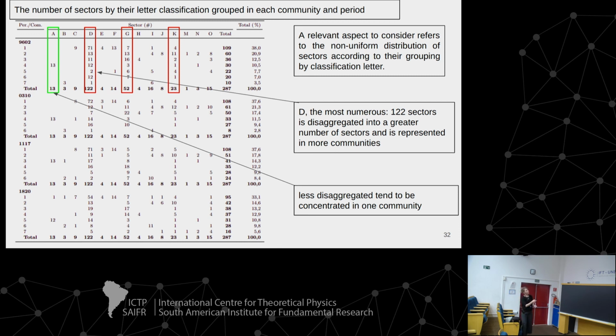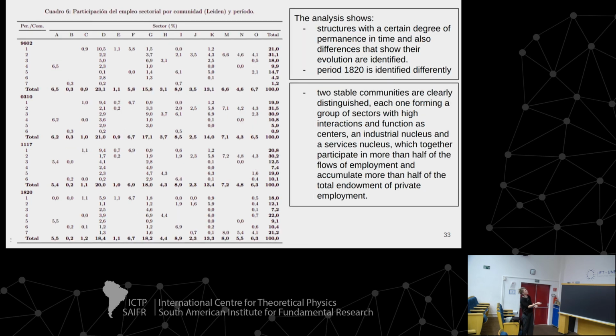And another interesting result is that this is in terms of participation of the sectors inside the community. But you can also look at the participation of employment. How much of the employment is inside each community, okay?